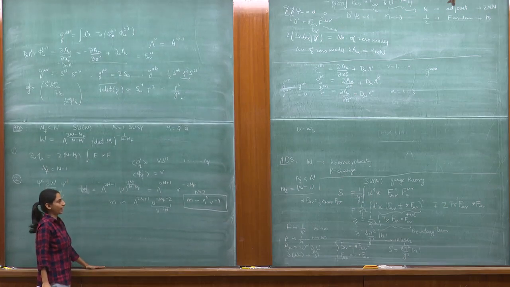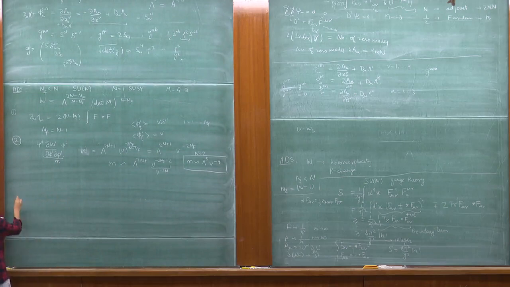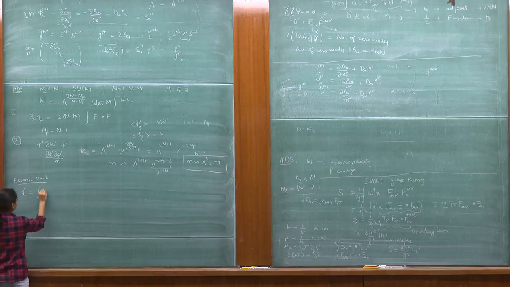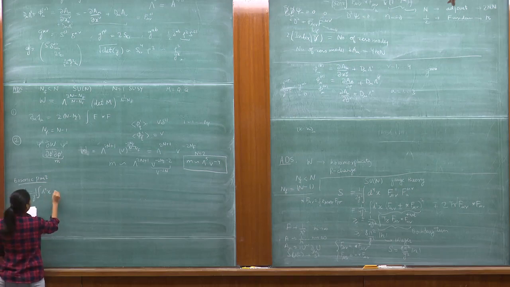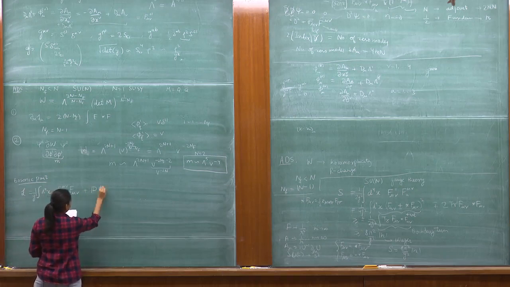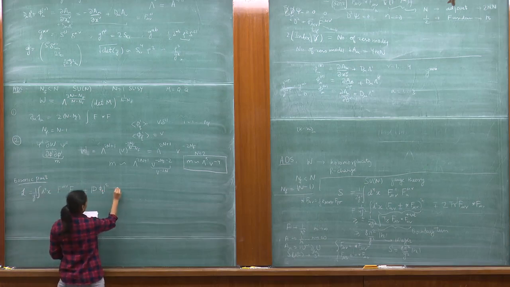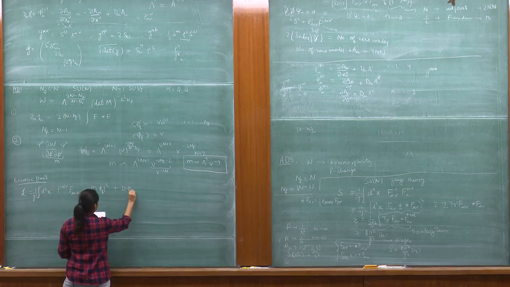Okay, so let's write the action. What is the bosonic part of the action? We want to compute the instanton configuration. The Lagrangian will have d^4x, 1 by g squared, F mu nu squared, with a trace that I am not writing, plus the covariant derivatives of phi, q and q bar.